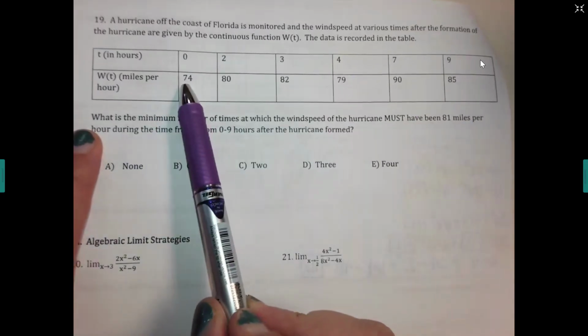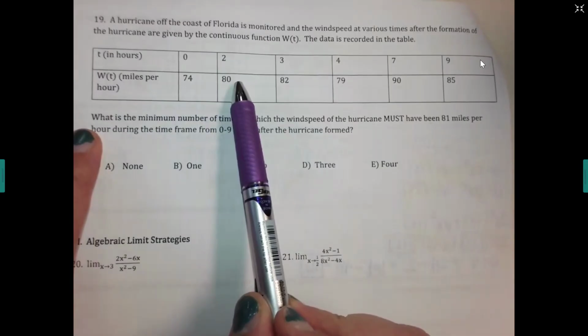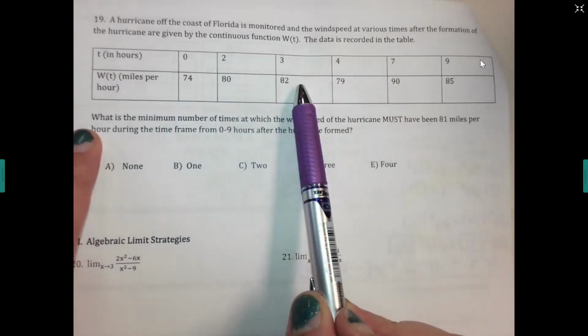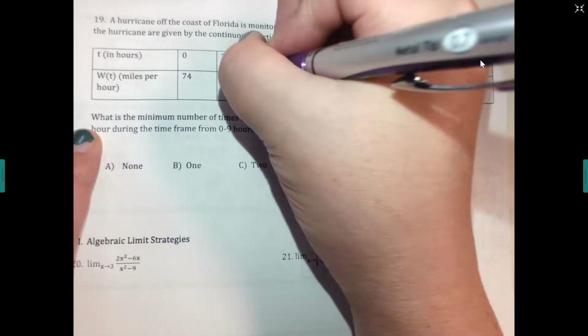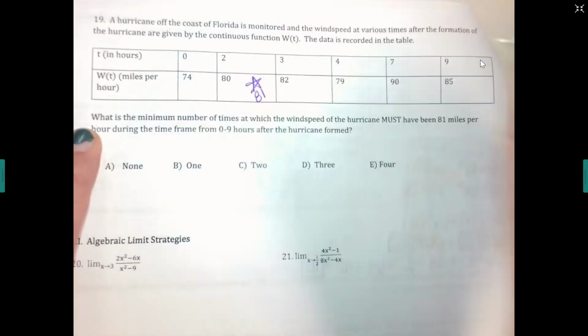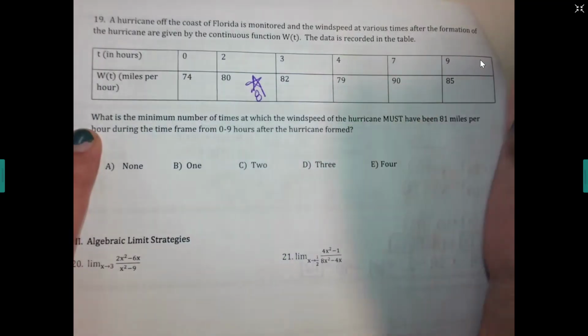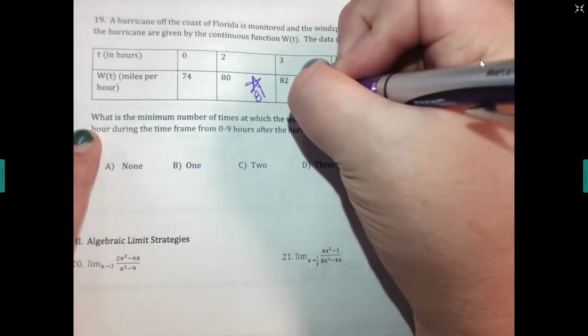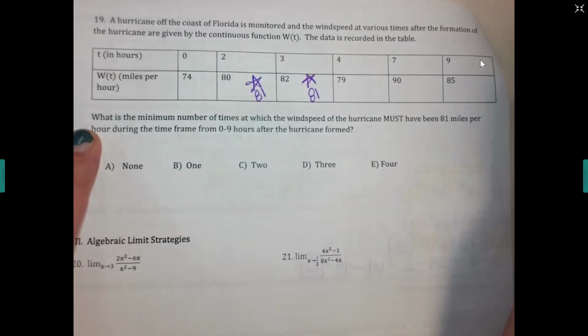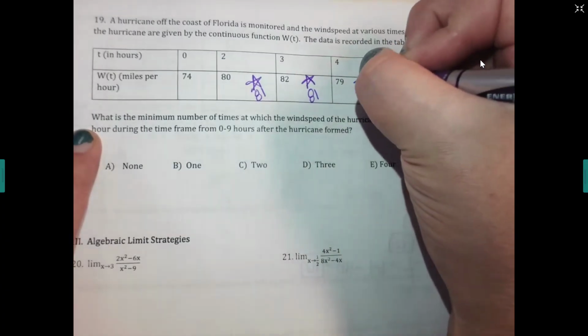So from 74 to 80, did it have to hit 81? Yes or no? No. No. What about from 80 to 82? Yes. So we have at least one that I would have to hit 81. Then from 82 to 79, would I have to hit 81 again? Yes. That's a second hit. What about 79 up to 90? Yes.